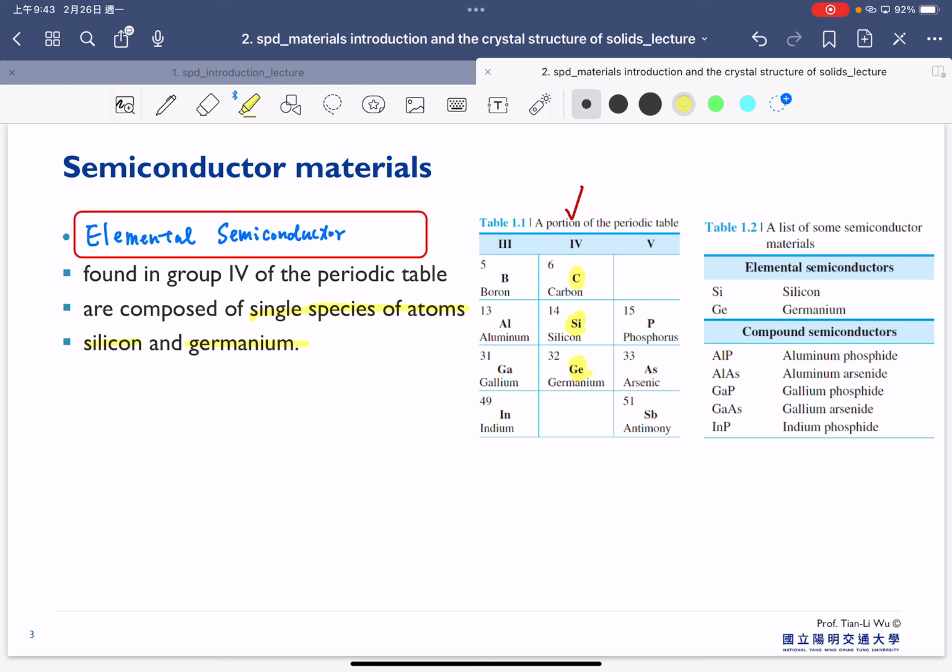On the other hand, we can consider using two different kinds of atoms and combining them together to become a semiconductor. For example, if we put group 3 and group 5 atoms together, then we can make what we generally call a compound semiconductor.